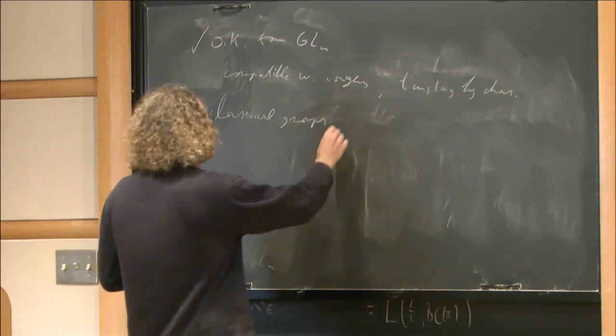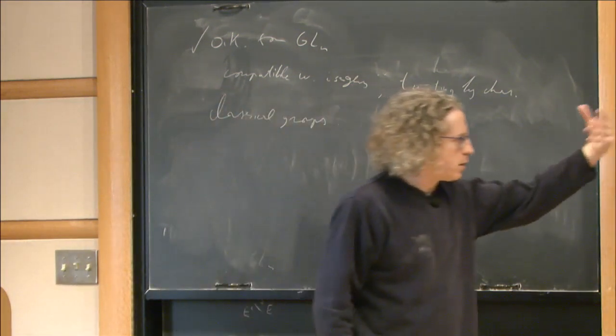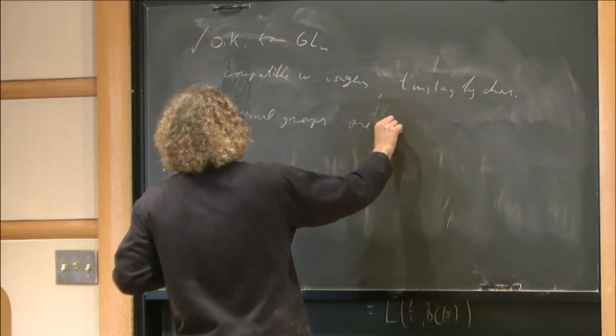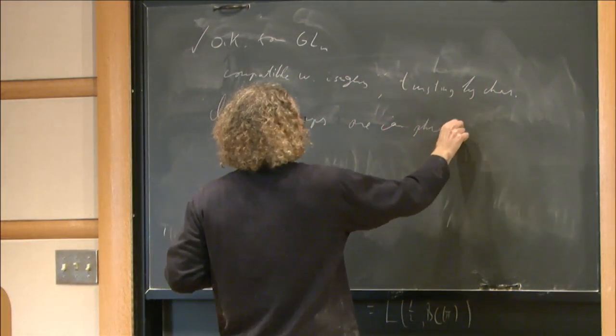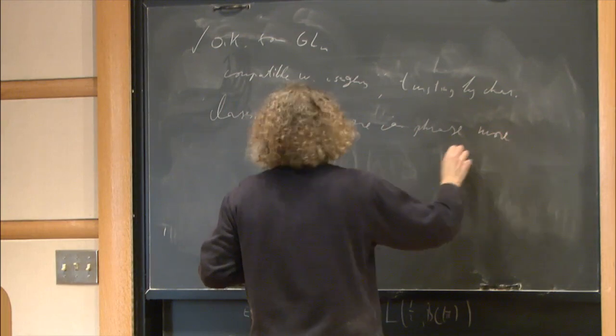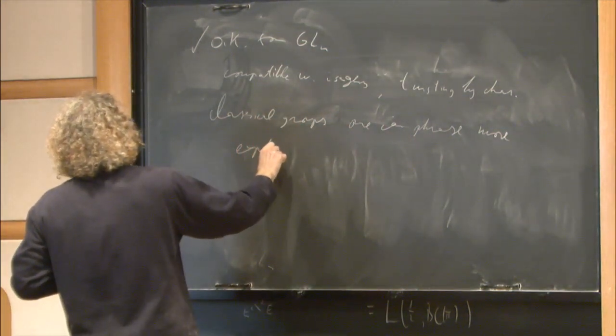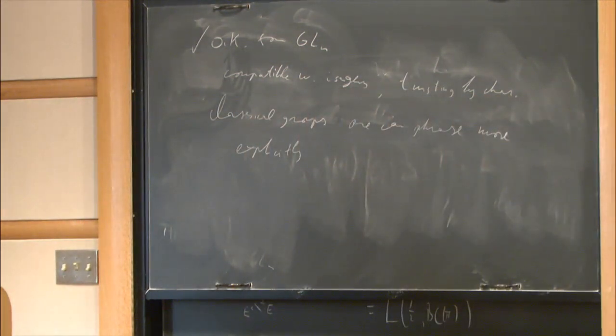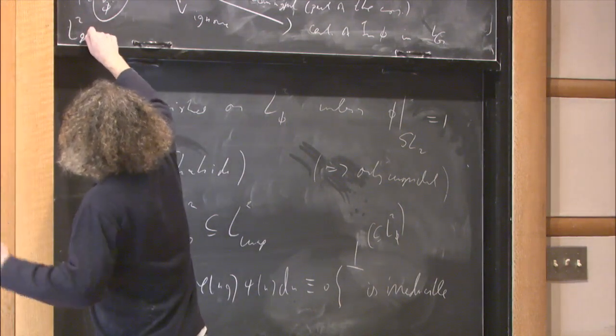So for classical groups, at least you can phrase things, so one can phrase it more explicitly using, I mean, the point that we really have. I said that there should be this space, the L2 generic stuff.